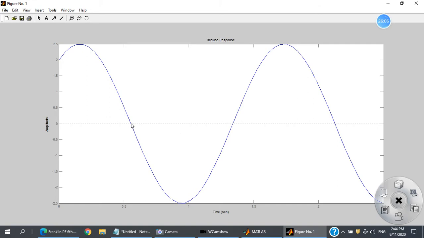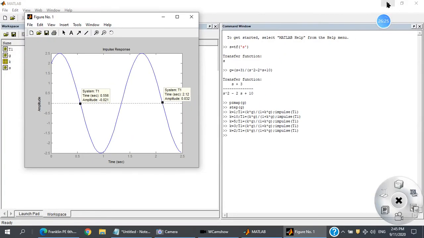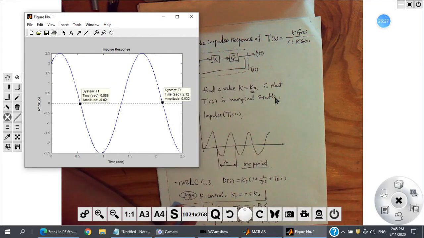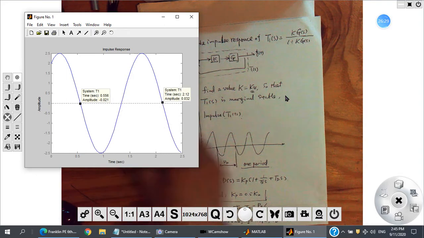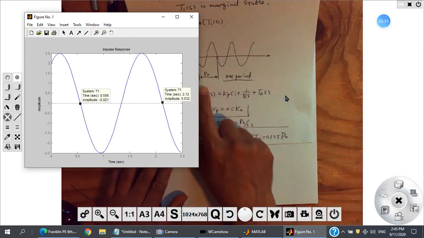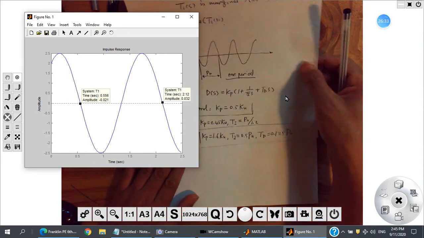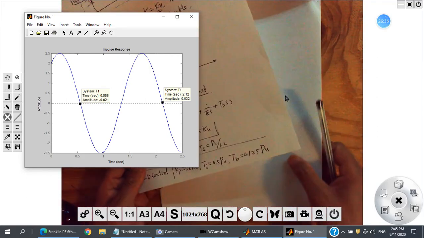Okay, this time is 0.556 seconds, and this point is 2.12. Then the distance between these two values we call the Pu. This is Pu.